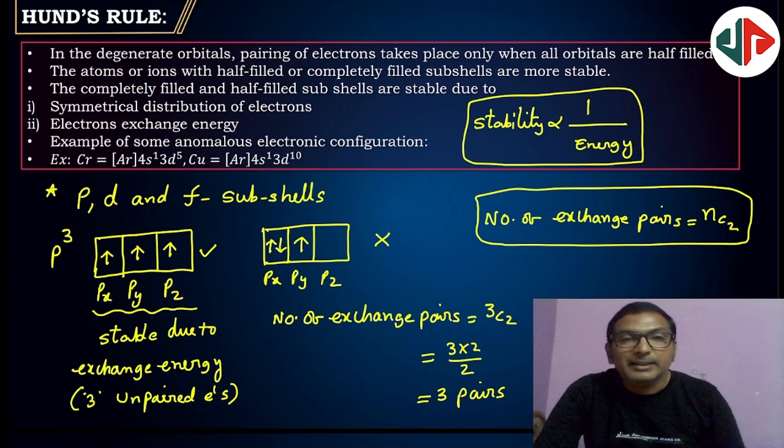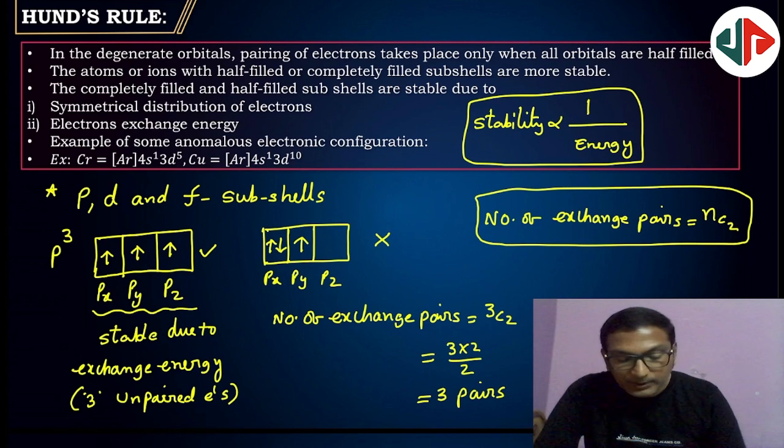In case of half filled configurations, due to exchange pairs, that configuration will be more stable. In chromium 4s1 3d5, there will be exchange of unpaired electrons. Therefore, energy will be decreased, and if there is a decrease of energy, stability will be increased.